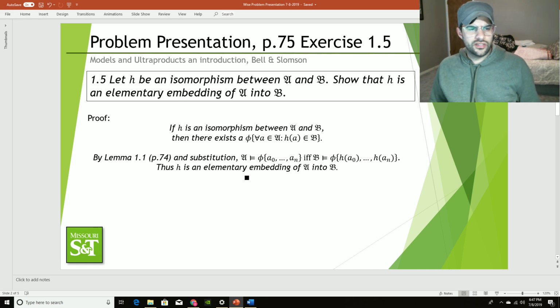Okay, the second part is by Lemma 1.1, page 74 in the book, and by substitution you get this. The Lemma basically says that U, and I can't remember what this symbol is, it basically means equal, is onto the phi.